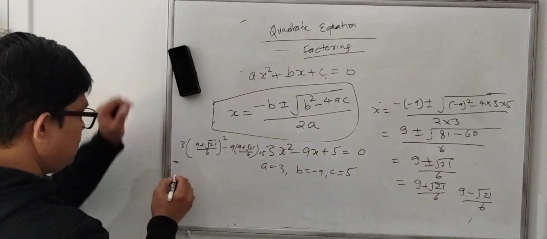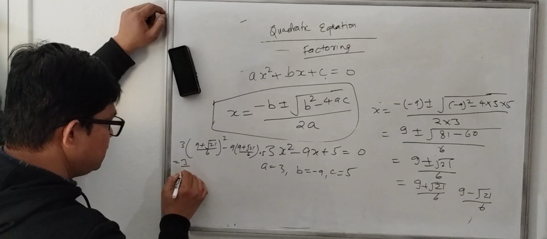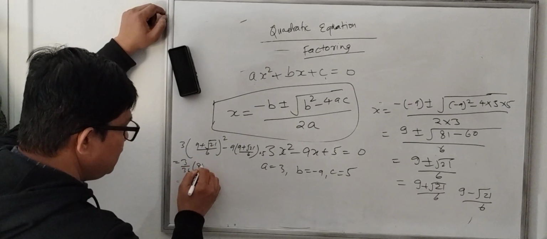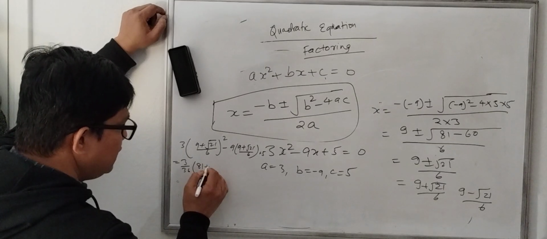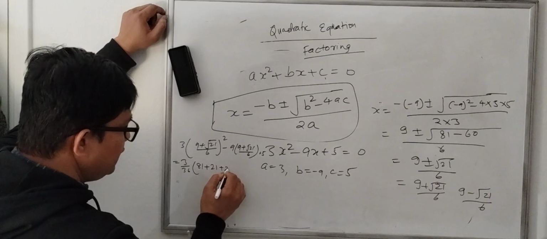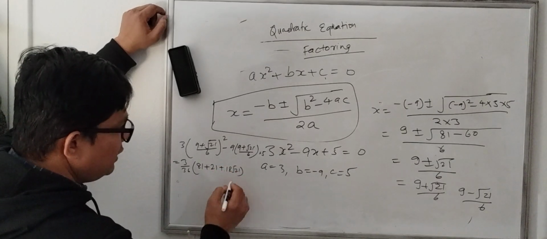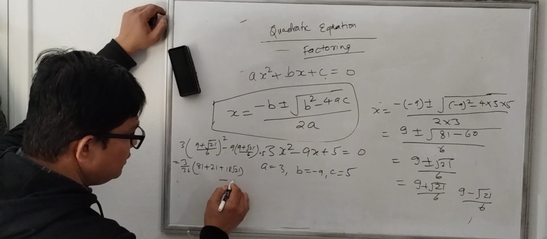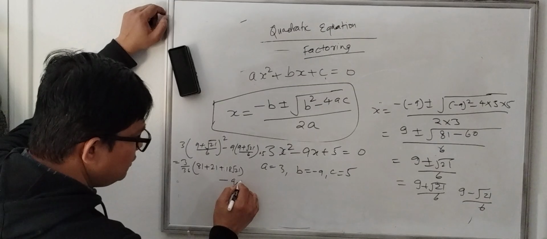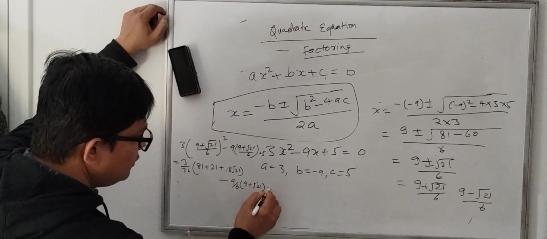Okay, so let's do it. 3, I will take 6 square out, which is 36, and then this is a plus b square. You know the formula, 81 plus b square plus 2ab, 2 is 9, 18, okay, and then minus 9 by 6, and then 9 plus square root of 21 plus 5.